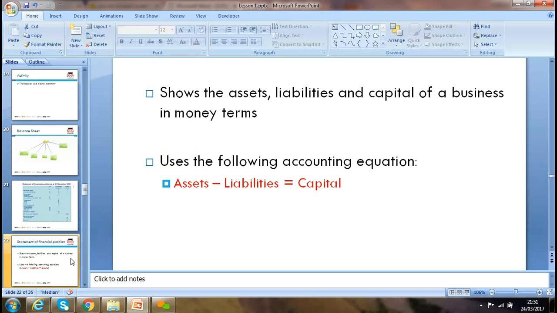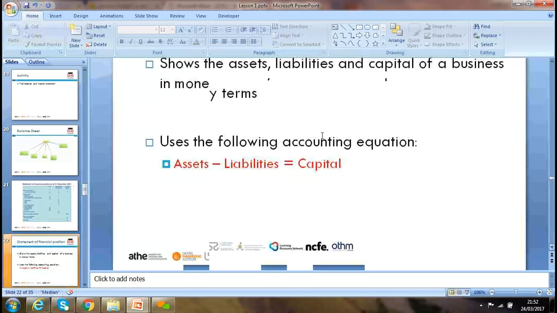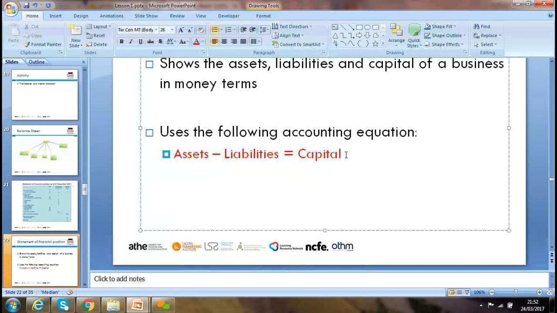As an accounting student, we need to remember the accounting equation. The accounting equation is assets equal liabilities plus capital, or assets minus liabilities is net assets, equal to capital. What is the accounting equation? Assets minus liabilities equals capital.